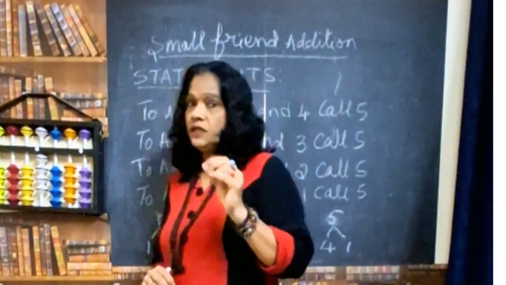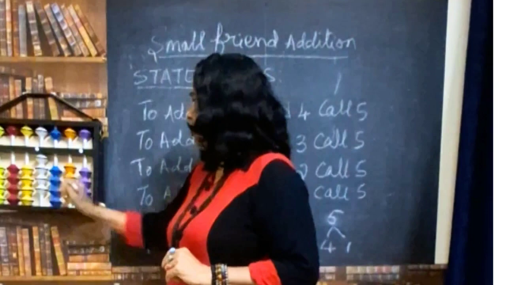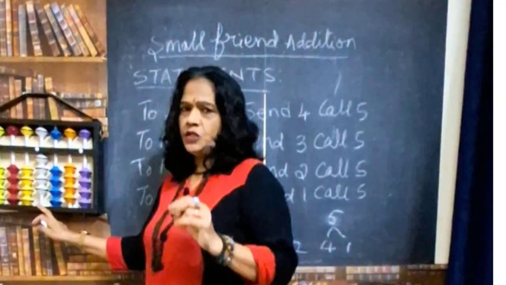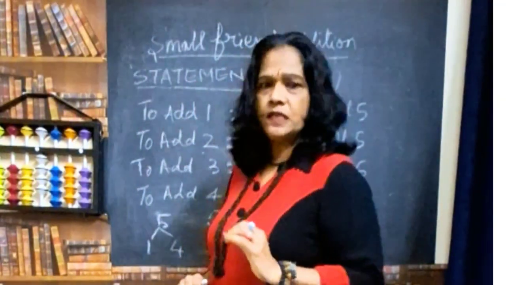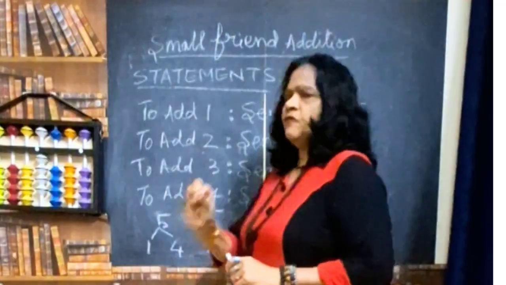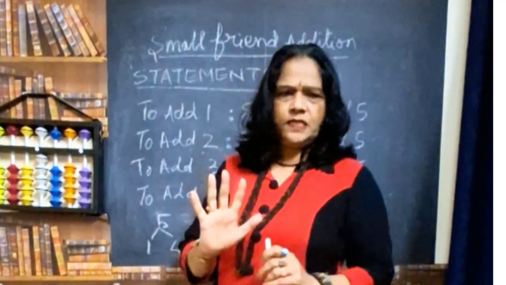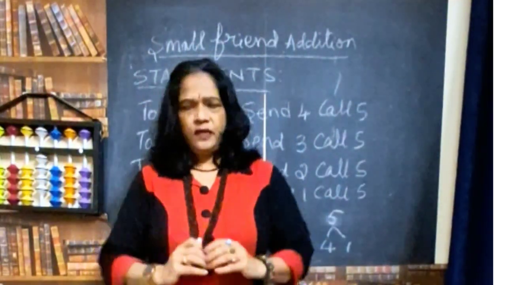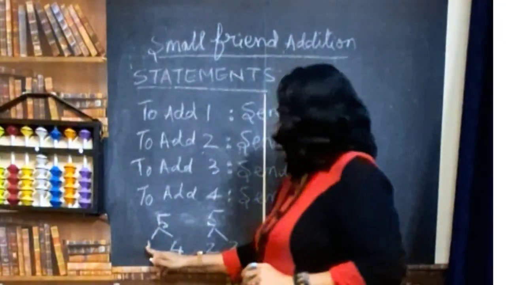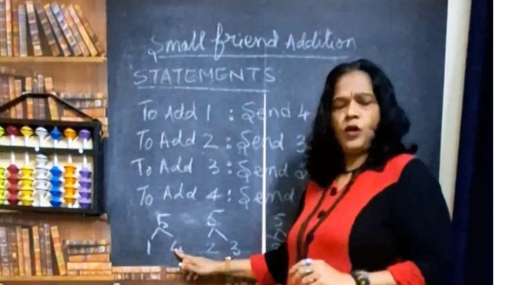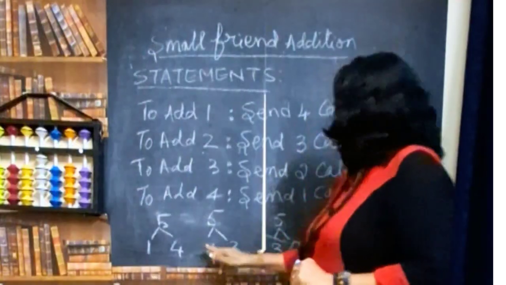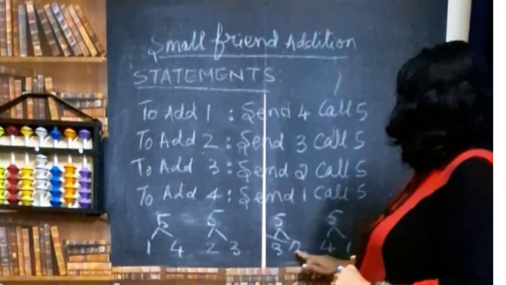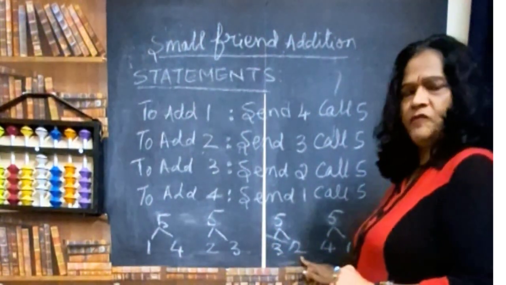So today we are using the small friend addition. Four beads are touching the divider. To add one, we should use the small friend addition concept. What is the small friend addition concept? Let us see here. Five fingers are considered as five friends. Friends are nothing but what we call complementary numbers. 1 and 4 are the complementary numbers of 5. 2 and 3 are complementary numbers of 5. 3 plus 2 is 5, so 3 is the complement of 2.